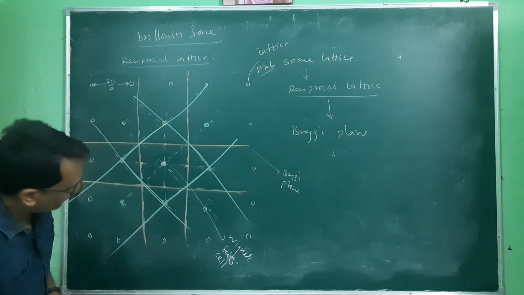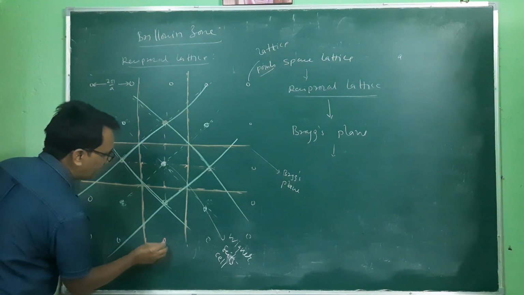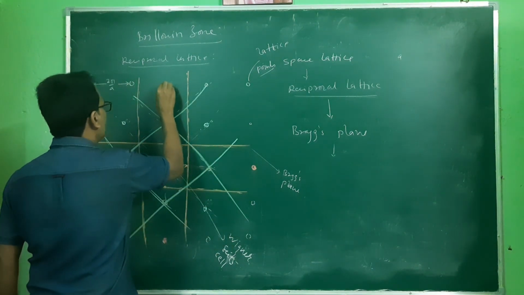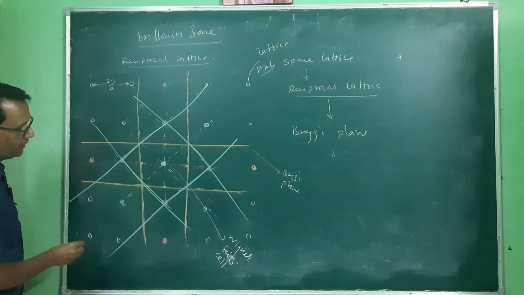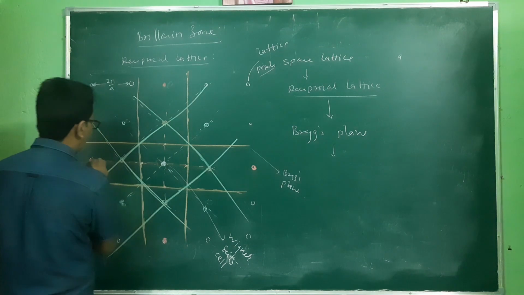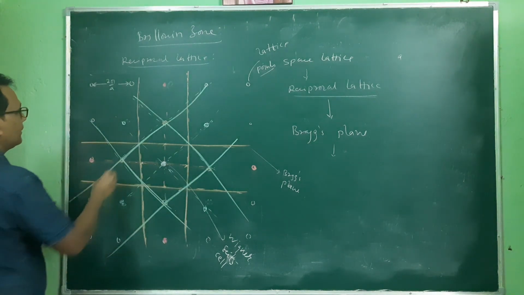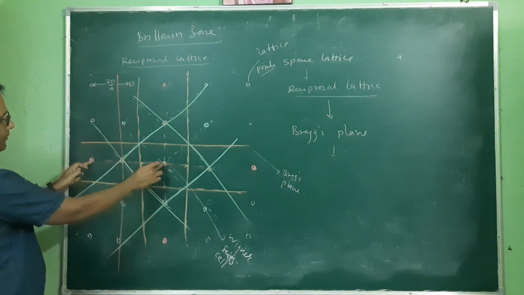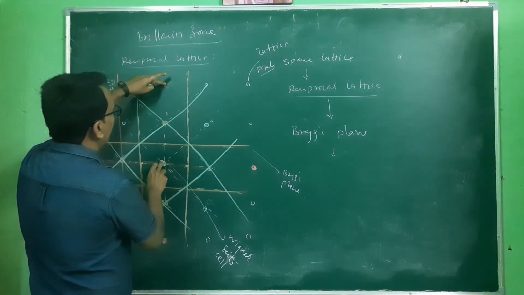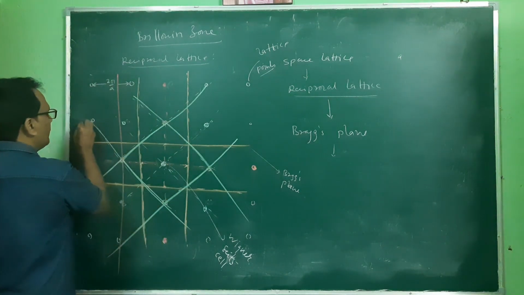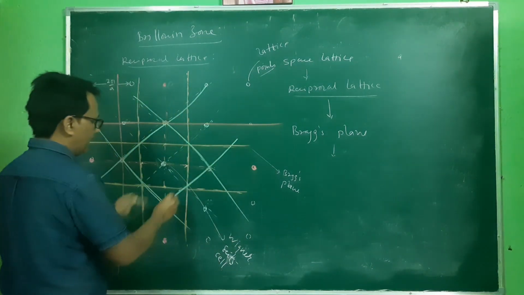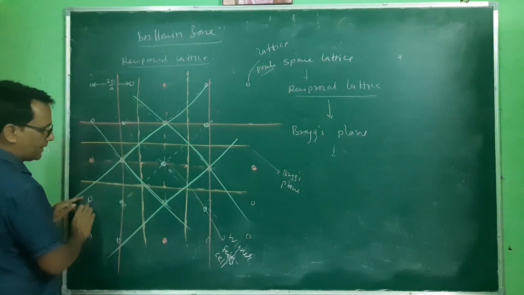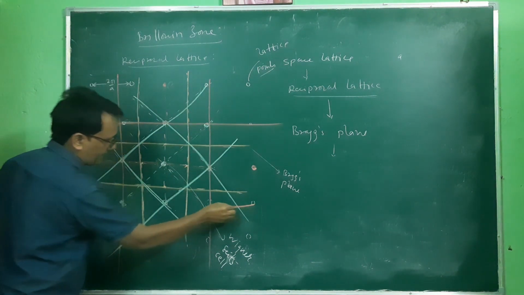Now we can similarly take the fourth one. So these are the next nearest atoms, and if we take the bisector of this line, it will be somewhere here, and the bisector of this will be somewhere here, and the bisector of these two will be like this.